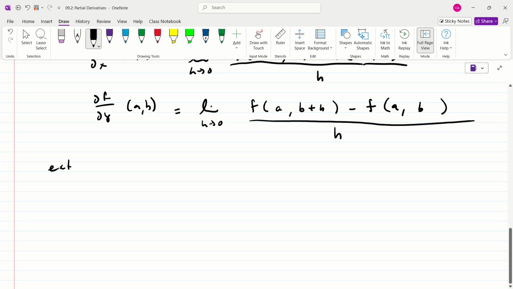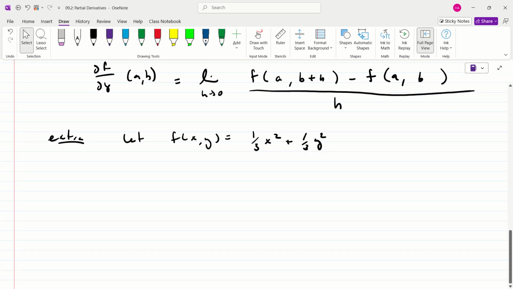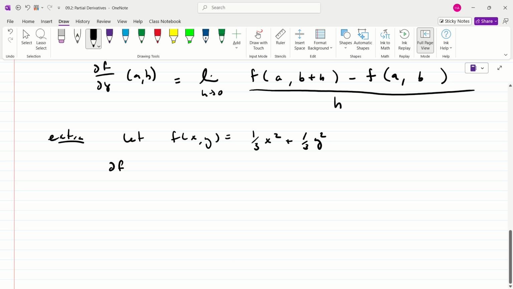Consider this extra problem. Let f of x, y. Let's work with the graph that I had up on GeoGebra 3D: one third x squared plus one third y squared. Consider the partial derivative of f with respect to x.